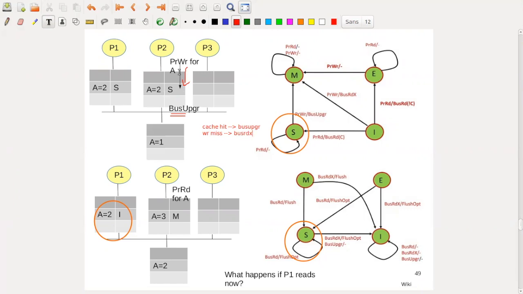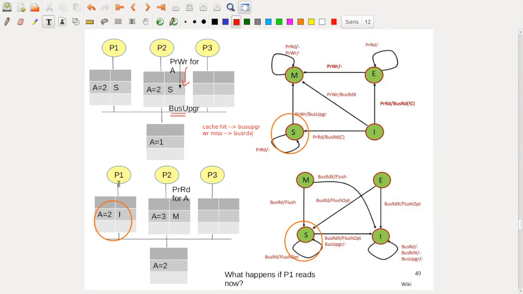Since this is a cache hit, this is going to send a bus upgrade signal. If it's in the shared state and it's going to write, always remember that whenever you do a write, you need to change to modified state. So from the shared state, we change to modified state when we write, and this is a bus upgrade signal.